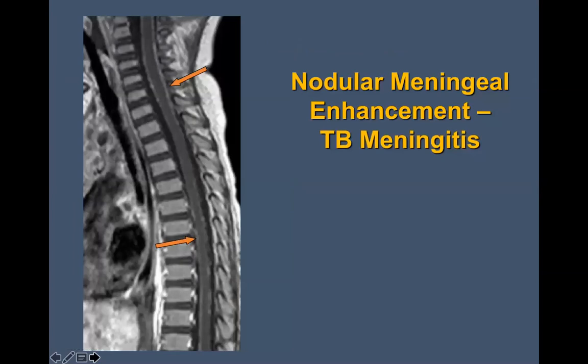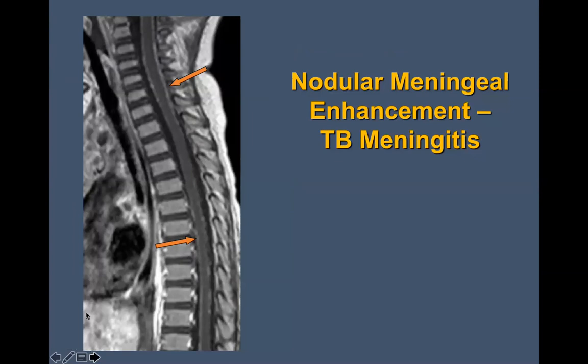You can also see enhancement in the spinal canal, along the meningeal surfaces of the spinal canal. Once again, because this is a very thick inflammatory process, it gives a very nodular appearance.